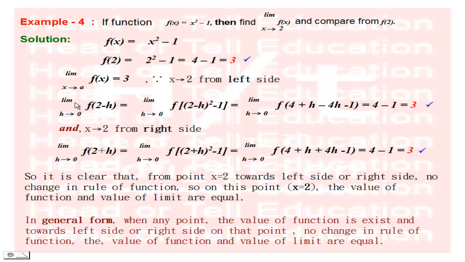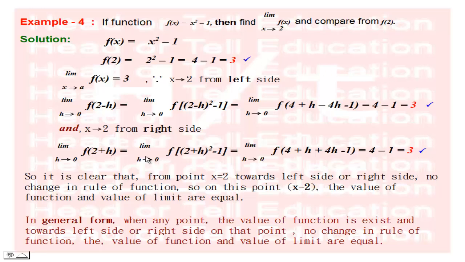So it is clear that from the point x equal to 2, towards the left side or right side, there is no change in the rule of the function. At the point x equal to 2, the value of the function and the value of the limit are equal. We have already seen from the left side and right side, and at the point itself, all values are the same: 3, 3, 3.